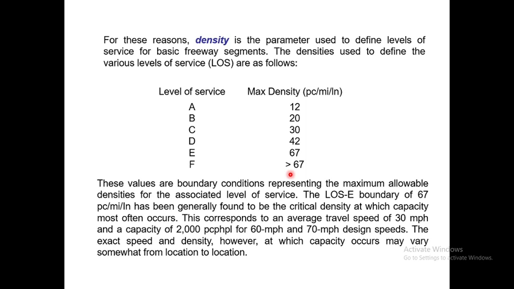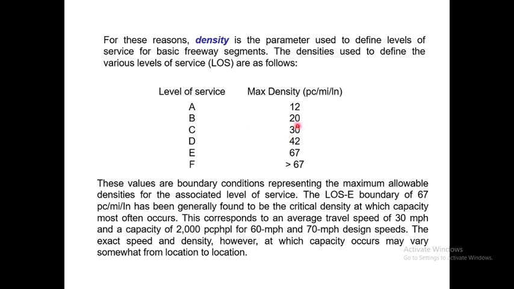It means that, for example, if in a problem we are told the maximum density is like 18, we know we are talking about level of service B, because 18 is more than 12 and less than 20.